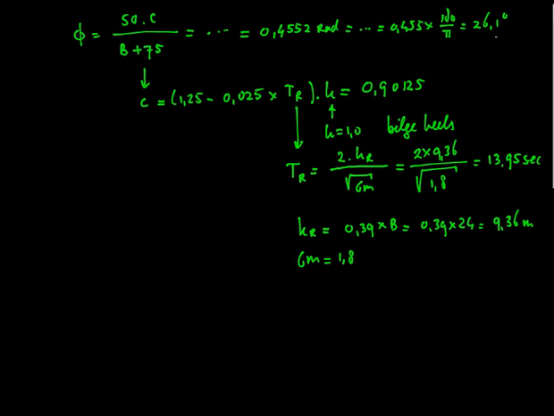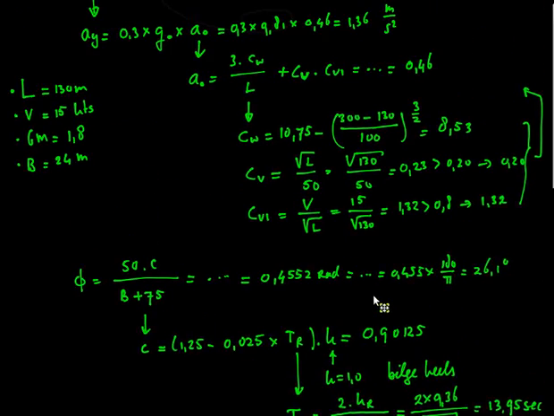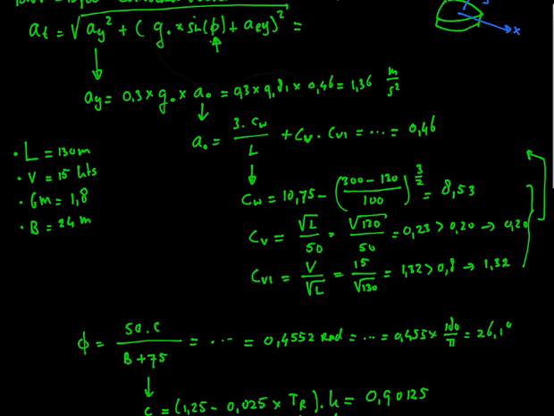Well, if we have these numbers, let's go back to where we started. We go up here, and we just found out that this roll angle is 26.1 degrees. Next step is this ARY, acceleration in y direction due to roll.